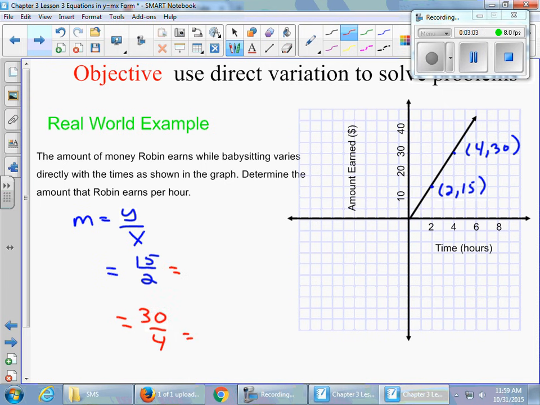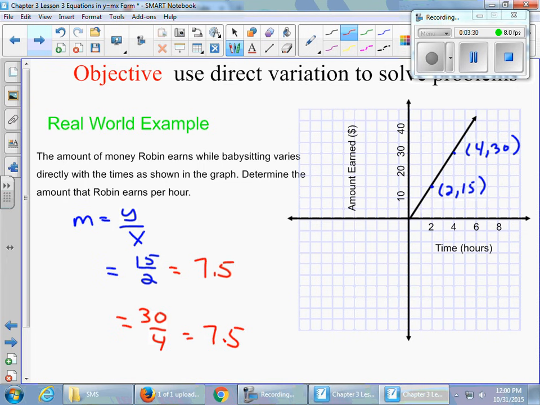And 15 divided by 2 is 7.5. 30 over 4 is 7.5. So what we just used here is, going back to last lesson, proportions. Are they proportional? The constant rate of change is proportional because it's on a line.